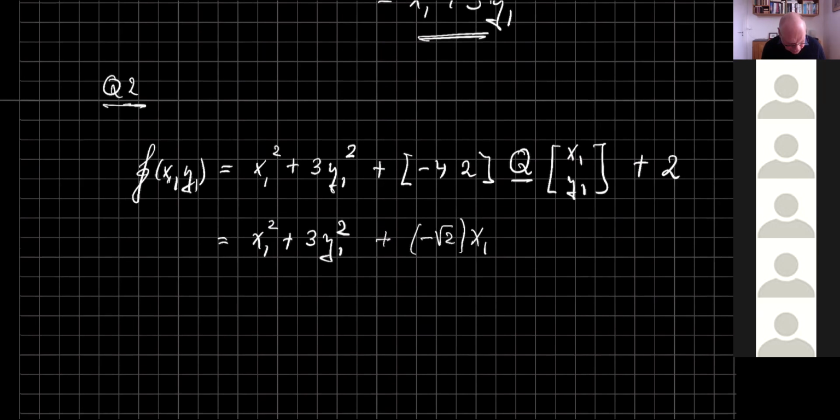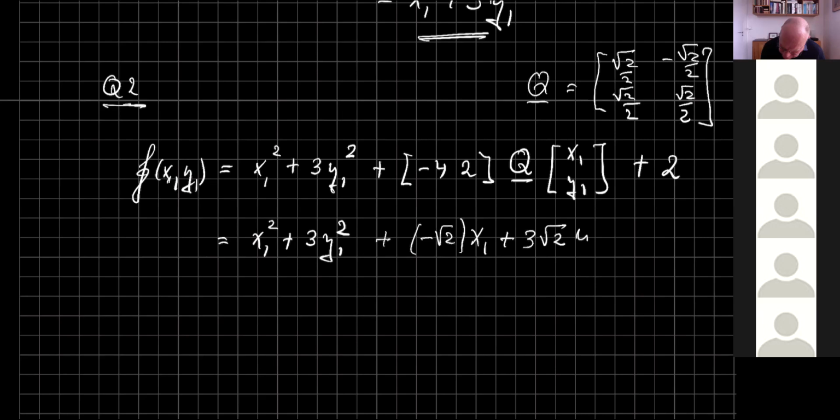Then you have the second column, minus square root 2 halves, square root 2 halves. So when I multiply minus 4, 2 on the second column here, I get minus 4 times minus square root 2 halves, that is plus 2, and then plus 1, so you get plus 3 square root of 2 times y1, and then plus 2.